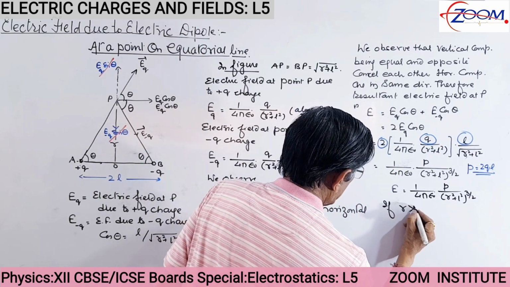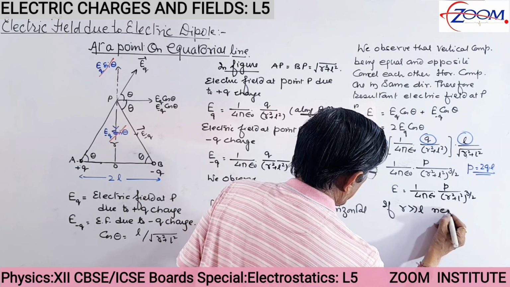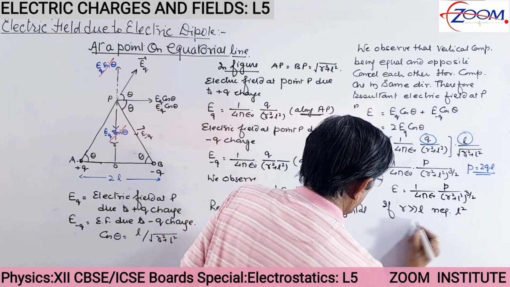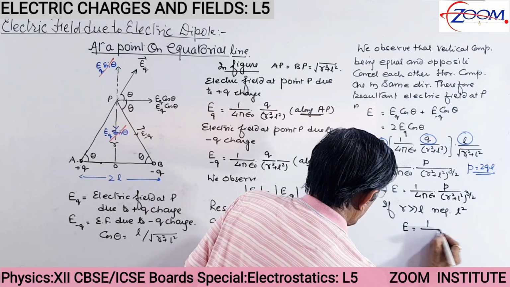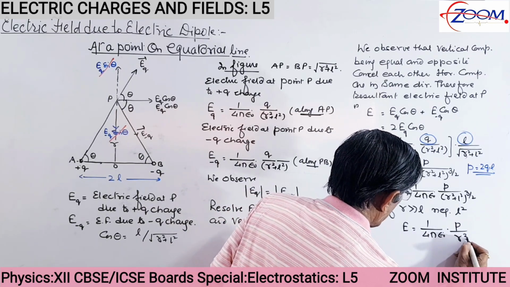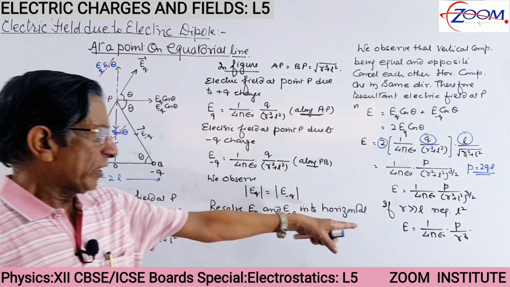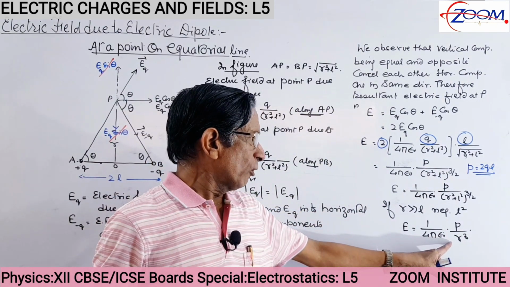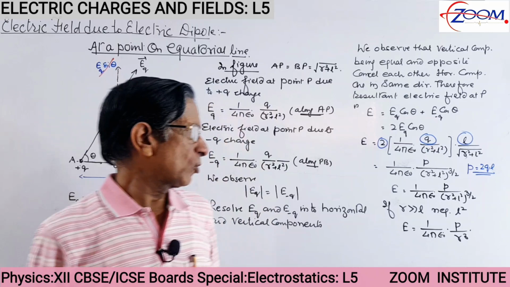Again remember that p has been replaced by 2qL, that is equal to p. So you have obtained the formula for electric field. If r is very greater than L, then again neglect L square, so E is equal to 1 upon 4 pi epsilon naught p upon r cube.